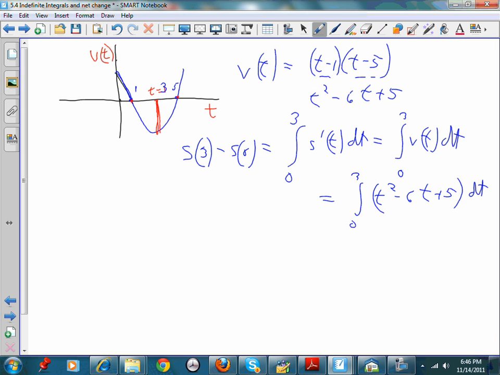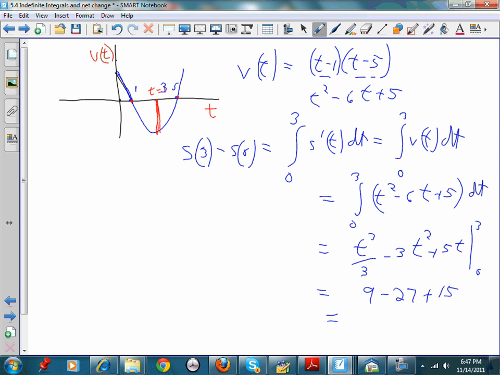We integrate that guy, and what do we get? We're going to get t cubed over 3 minus 3t squared plus 5t. And we're going to put in the endpoints of 3 and 0. And what are we going to get? 27 over 3 is 9, minus 27, plus 15.